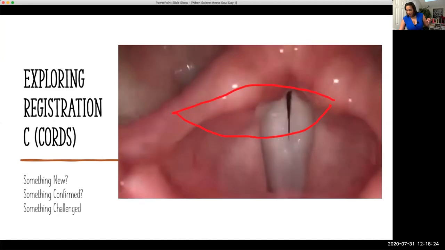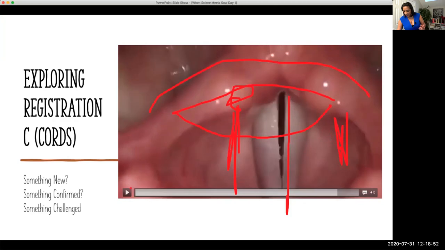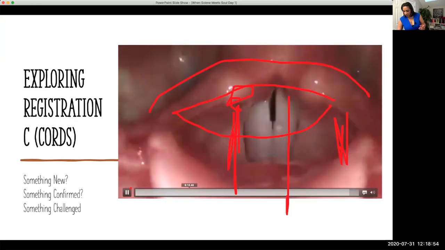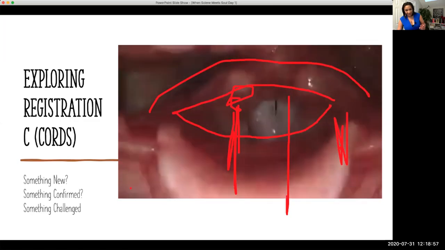It won't let me play it and annotate at the same time, so that's why I can't. But watch these muscles up here. Paying attention, understanding that yes, the camera is moving, but you can also tell just by seeing how the arytenoids, which are here, are moving. Push play. I forgot to turn that off. Did that help?